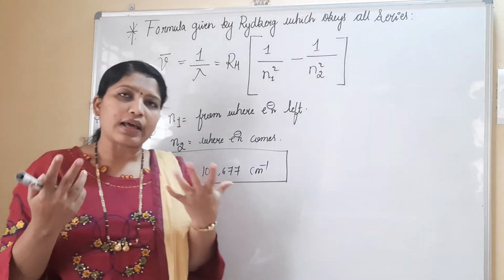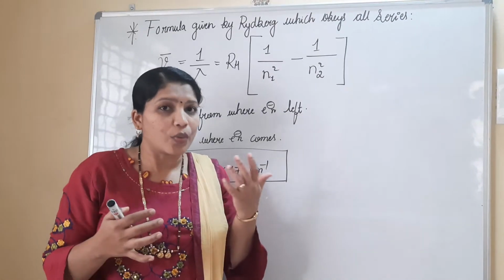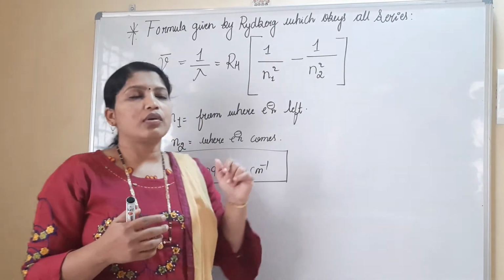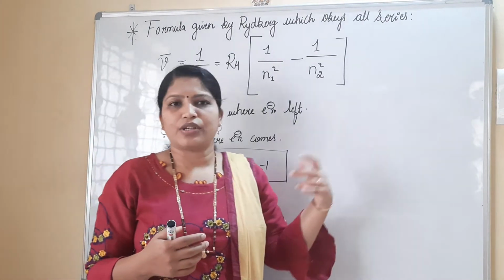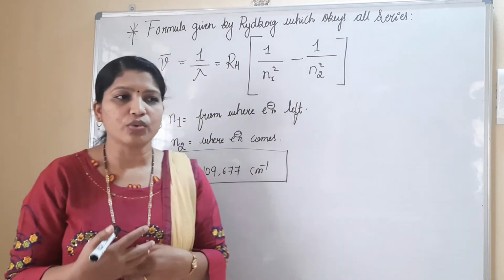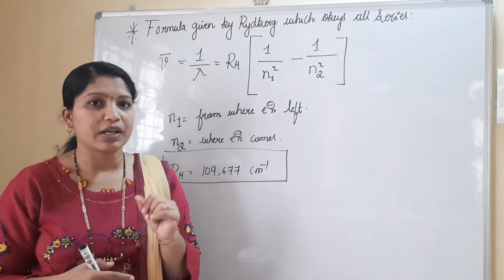Balmer, Lyman and Paschen, so on, all the scientists who worked on the hydrogen spectrum were fighting among themselves. At that time, one scientist made use of all these controversies and gave one particular value.